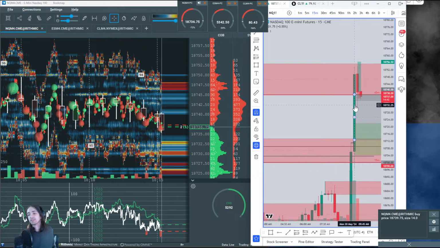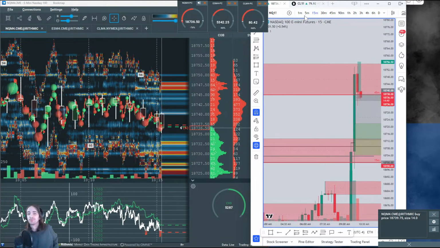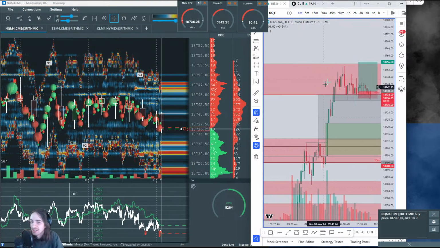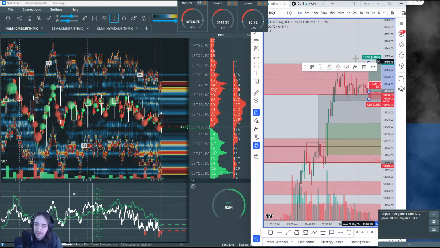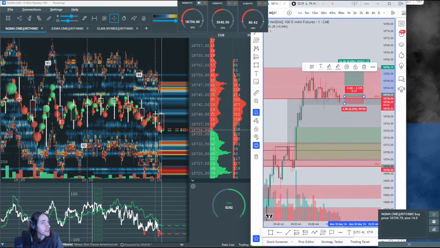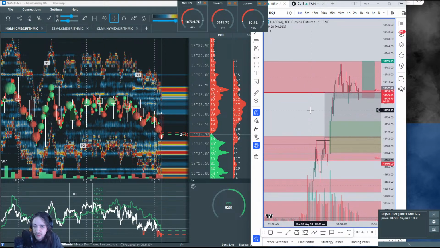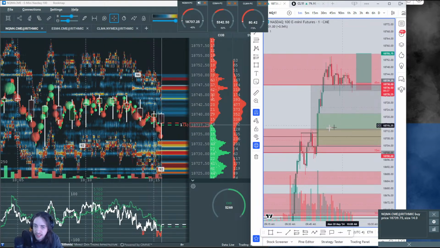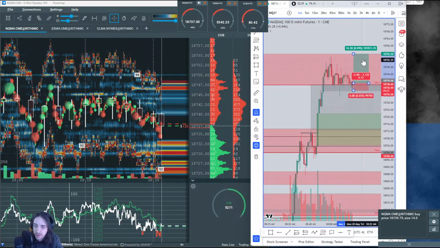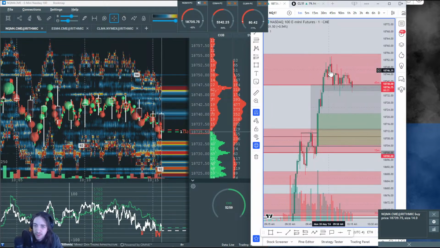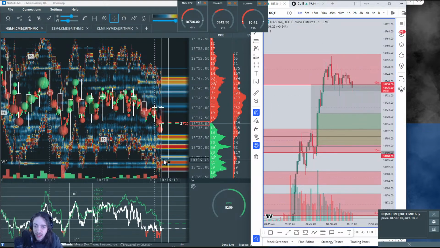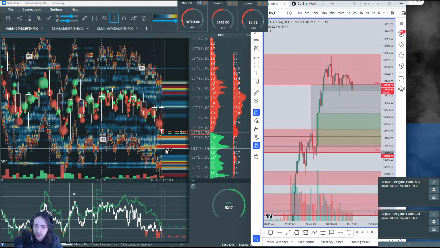Well, wait, because you know what? Again, it could just be chopping, breaking the bottom of that 1 minute range, and then push right back higher. But we're gonna wait. We're gonna be patient. What time is it? Realistically, we would want to target somewhere like down here to enter longs on a pullback. We're still in the supply zone. Look how heavy these buyers are stepping in down here, though.